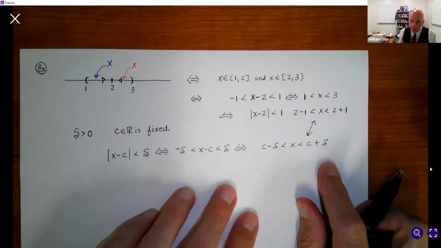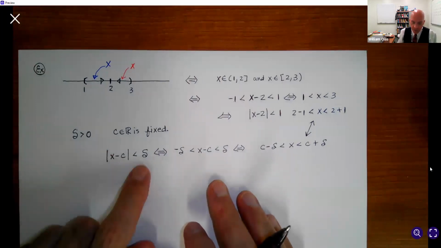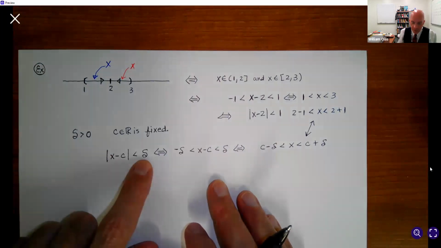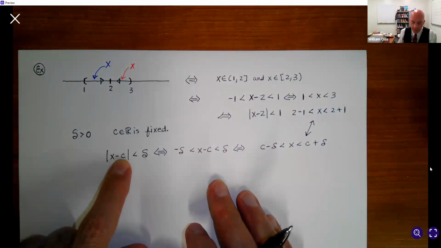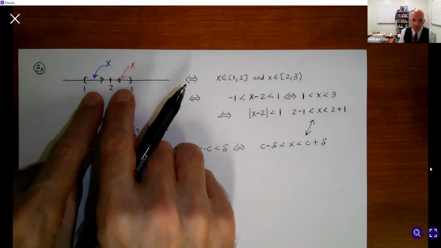So when you're working with a limit definition, all you need is a positive number, and you need X to be within a particular positive tolerance of C. And so the idea is that by using the absolute value notation, we're actually setting up a nice symmetric interval.